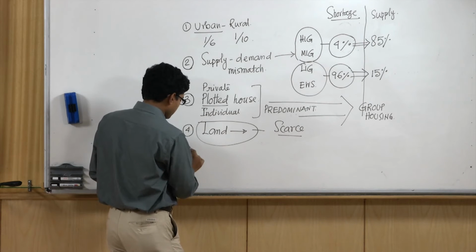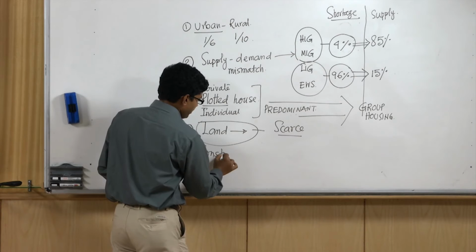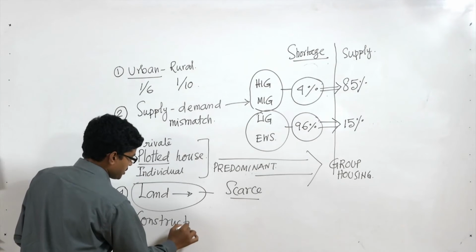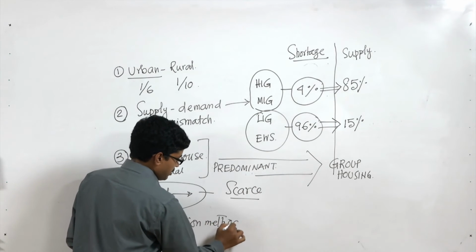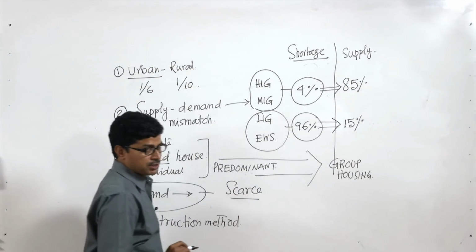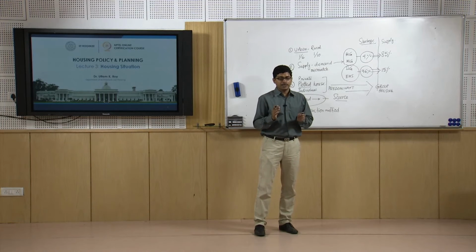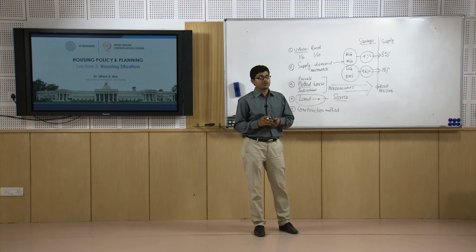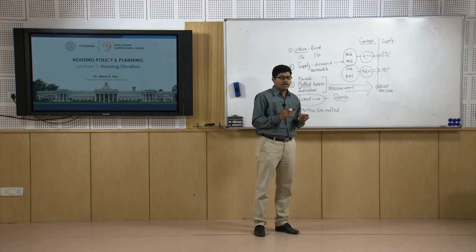The fifth part is the delivery of housing based on the construction method. Mostly in Indian conditions, construction is done at the site using the traditional, age-old construction process, for example beams, columns and load-bearing walls, and also local practices.